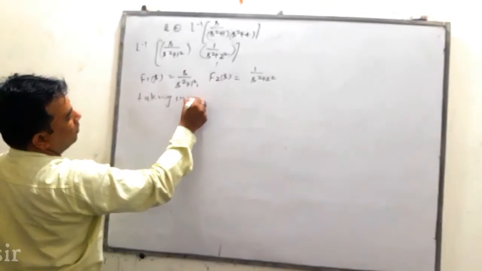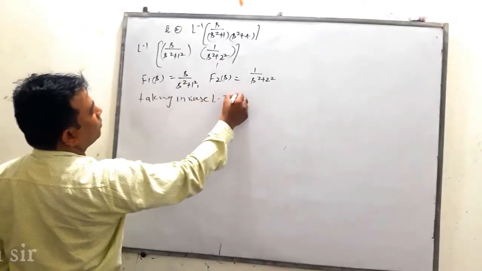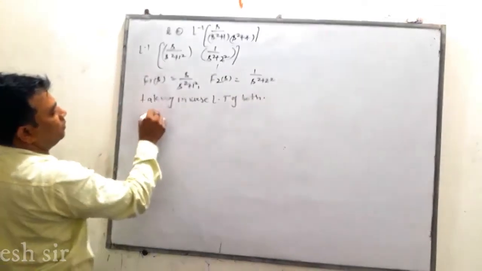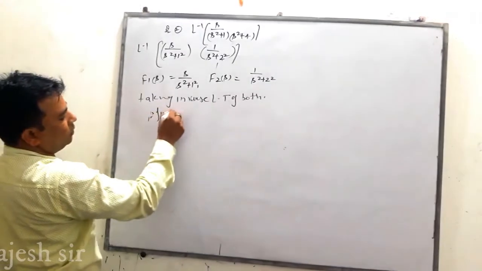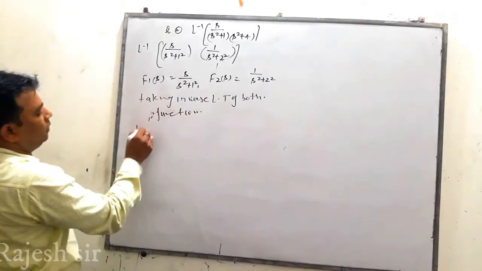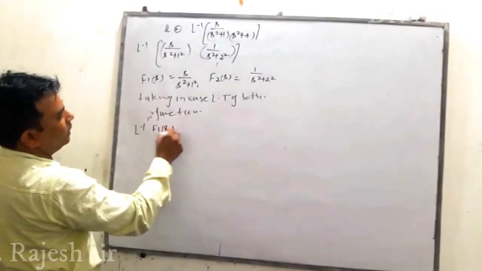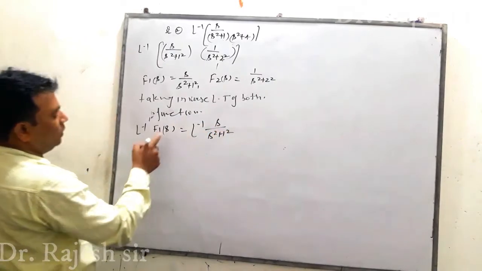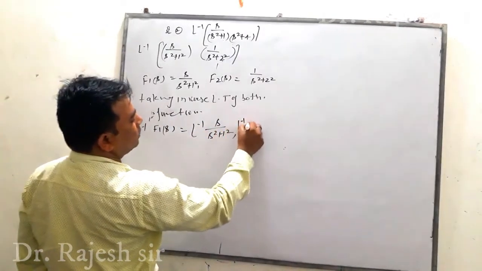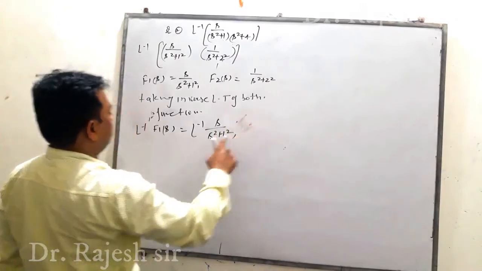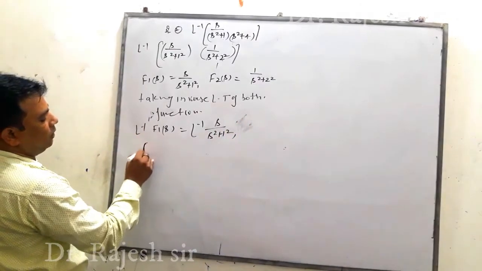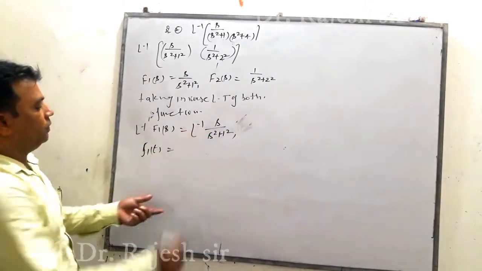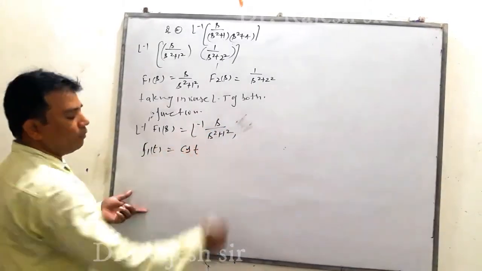Taking inverse Laplace transform of both functions. Laplace inverse of f1(s) equal to Laplace inverse of s upon s square plus 1 square, f1(t) equal to, this is the formula of cos of t.